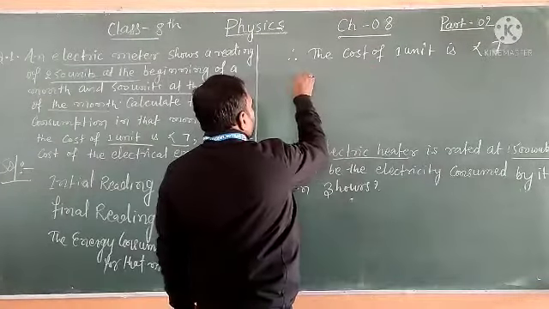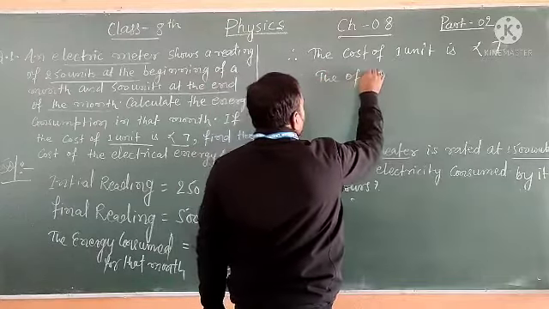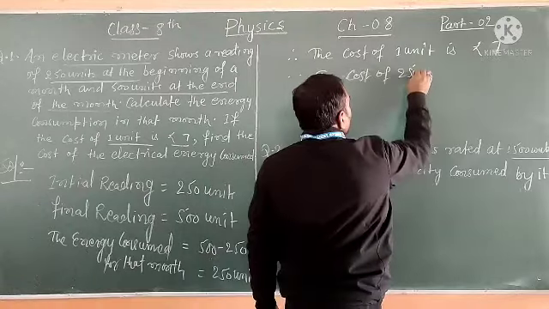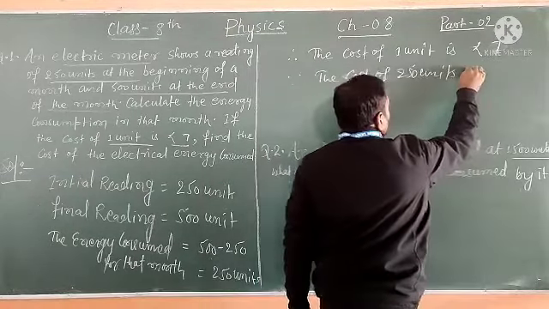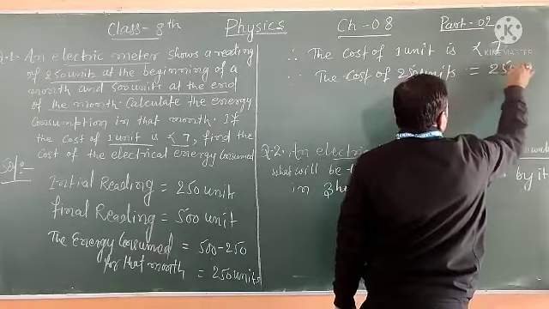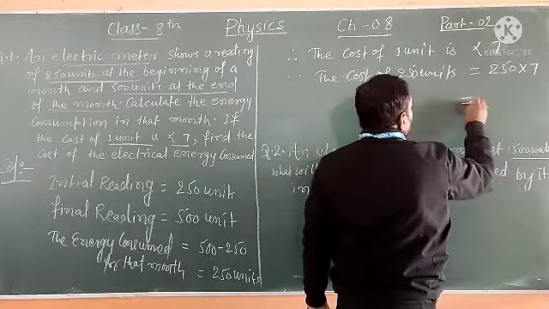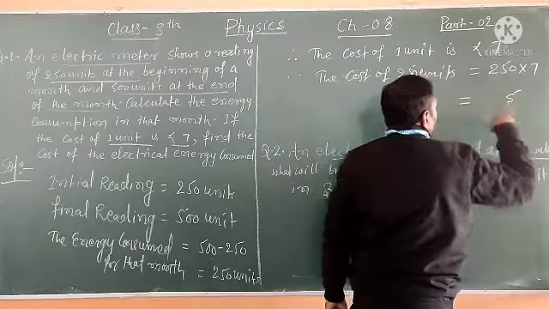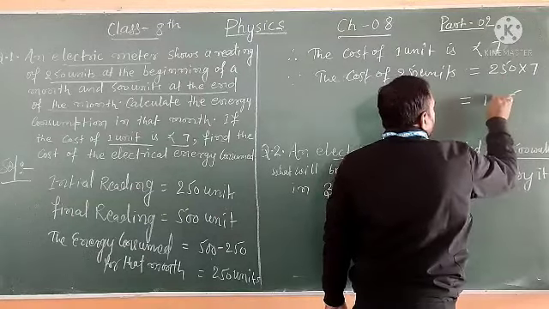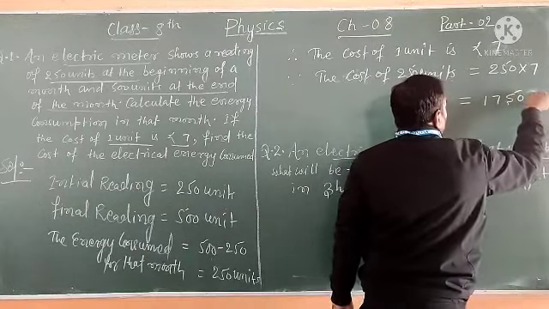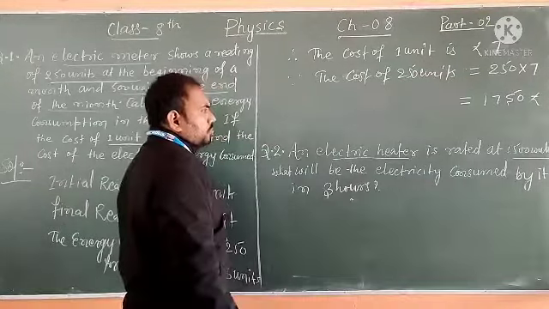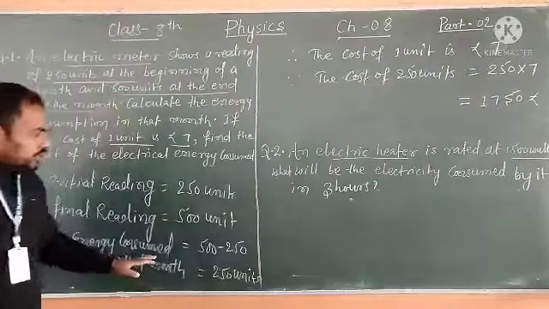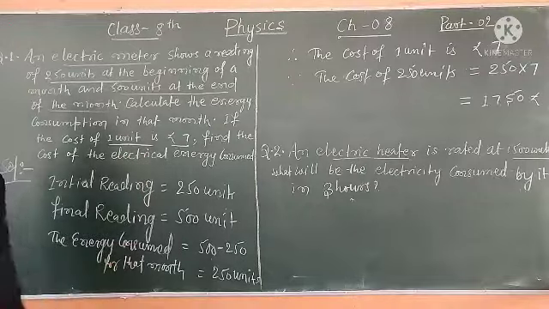The cost of 250 units is 250 times 7, which is 1,750 rupees. This much amount we have to pay for that month to the electricity department.